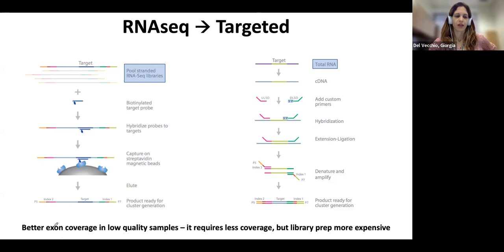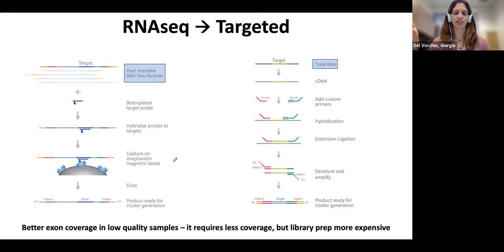So you will have better exon coverage when you have a low quality sample. And even if the targeted library prep is more expensive compared to the ribosomal depletion or the messenger poly-A capture, it requires less coverage because you are not capturing the whole transcript.